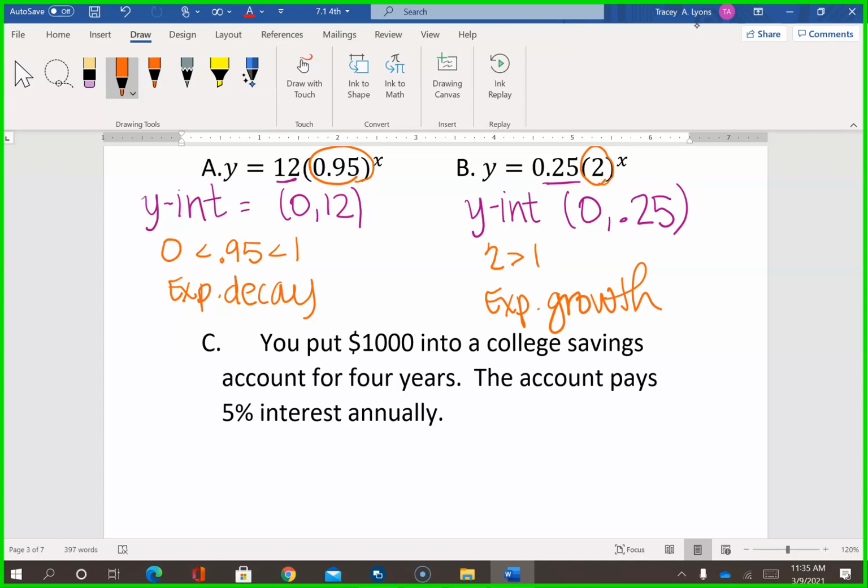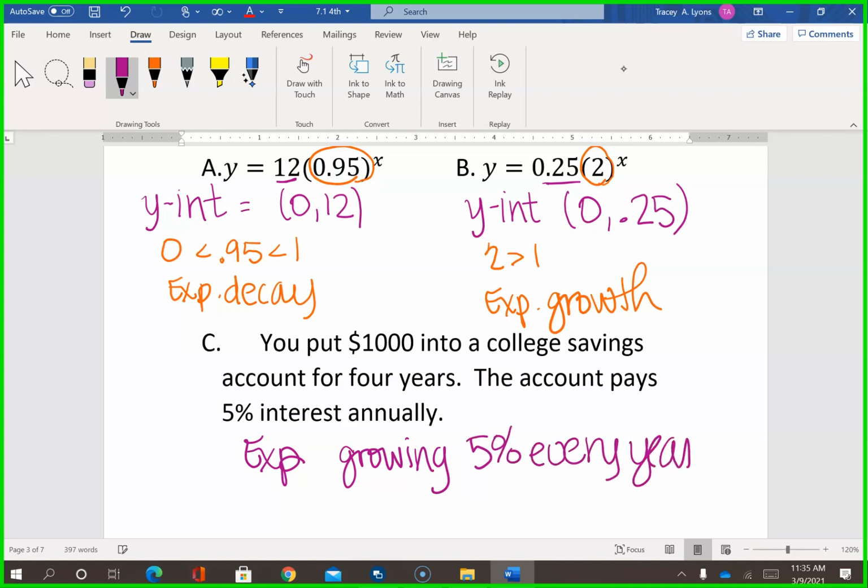So with this one, they have it just like a standard thing. So on this one, what I would write is growing, so exponential growth, because it is growing by 5% every year. So I'm really looking at that decimal, that percent interest that they're getting.